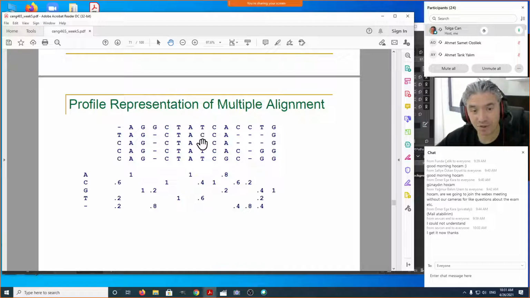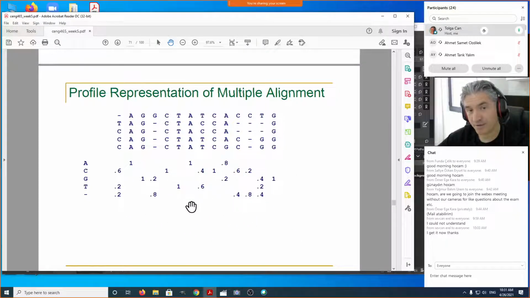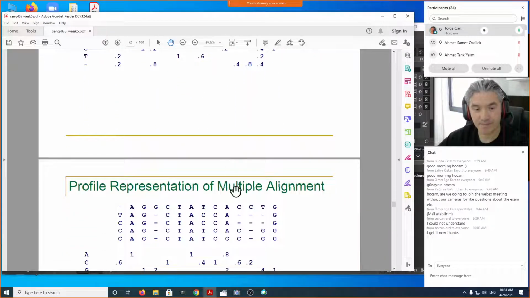For example, if we just choose to use T as a single letter in this column, the fact that 40% of this column is C is lost if we just use the consensus string. Therefore, using this frequency-based representation or position-specific scoring matrices is a better way to represent the profile.